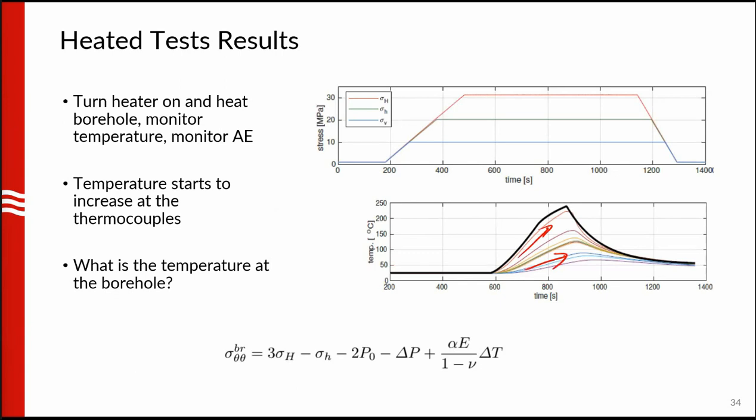The reason why the increase in temperature is different is because these thermocouples are embedded at different distances from the borehole. One thing to note is that these measurements are not the borehole temperature, because these are a few millimeters away from the borehole. But this delta T is for the borehole temperature. So we have to somehow back out what the borehole temperature is.